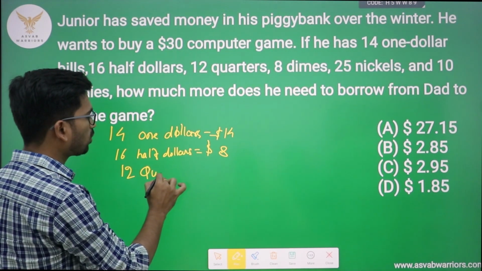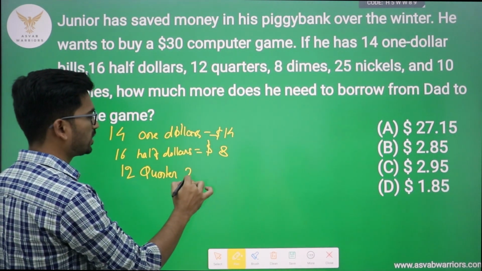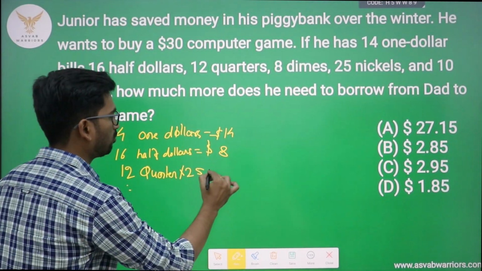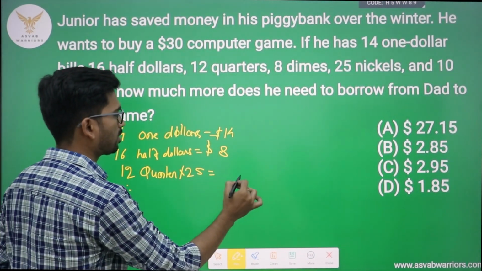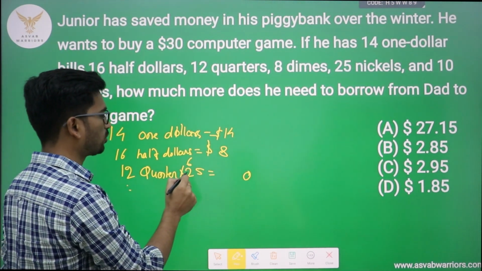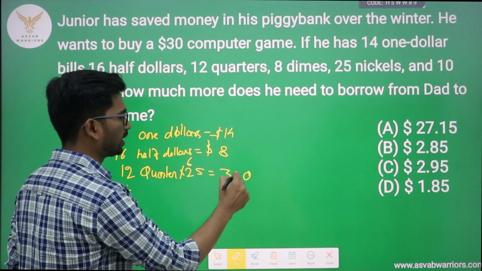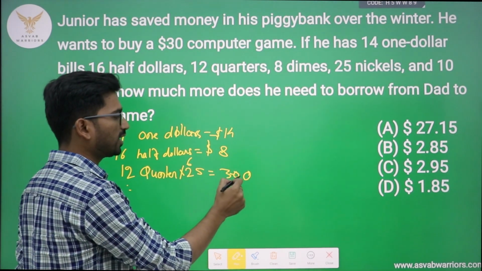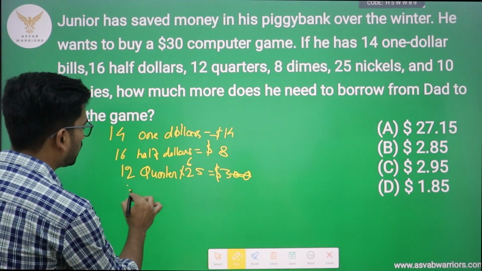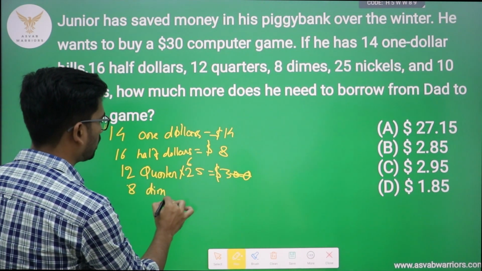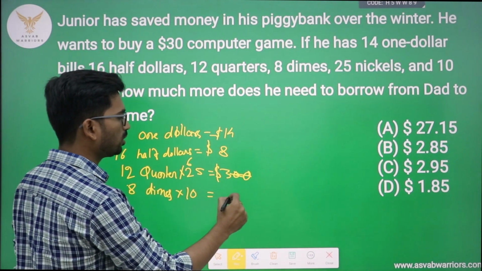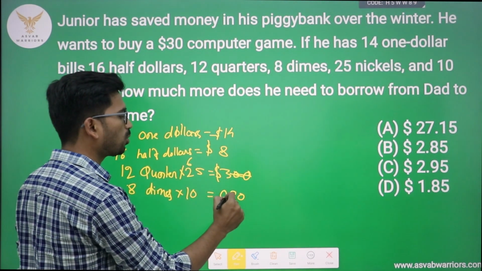Now we know that 1 quarter is equivalent to how much? 25 cents. So we will multiply 12 by 25. You will get 12 5s are 60, carry 6, 12 2s are 24, plus 6, 300. So 300 cents, or we can say it is $3. Then 8 dimes are there. We know 1 dime is equivalent to 10 cents. So this will be 80 cents or $0.8.